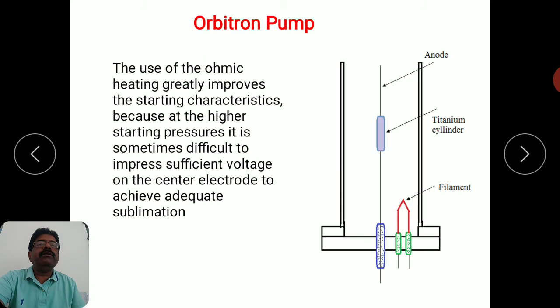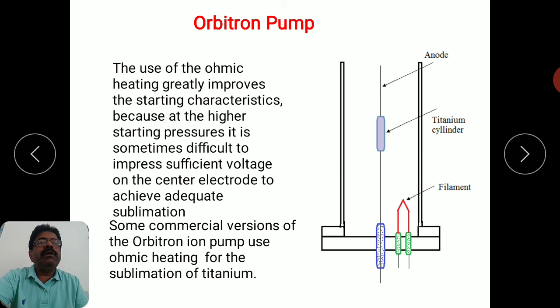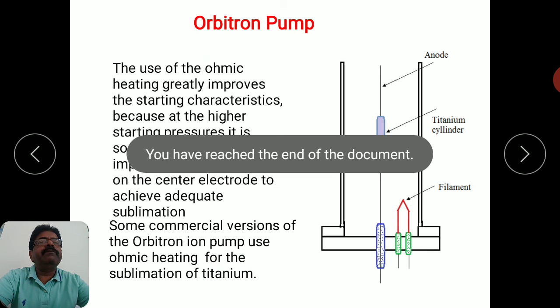So at the starting of the pumping process, sometimes ohmic heating of the titanium cylinder, that is electrical heating, can be provided, and an electrical coil can heat the titanium cylinder. In that process, the sublimation will continue initially also. Some commercial versions of the orbitron ion pump use ohmic heating for the sublimation of titanium.